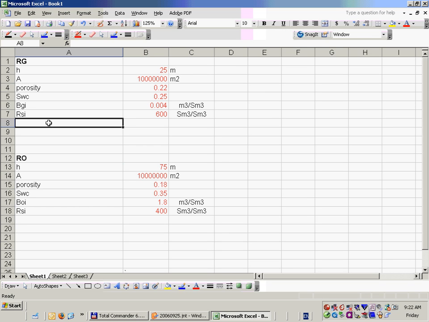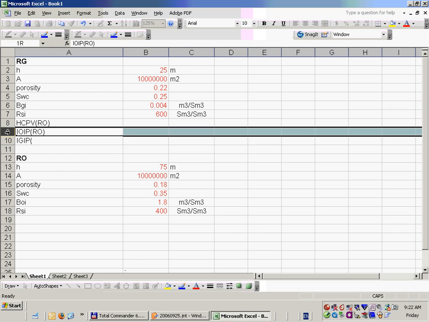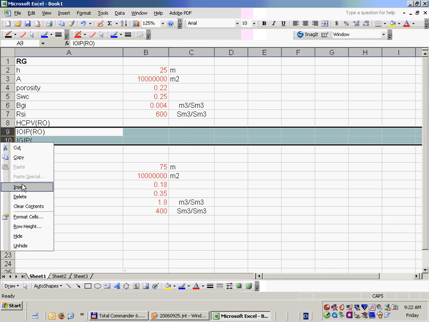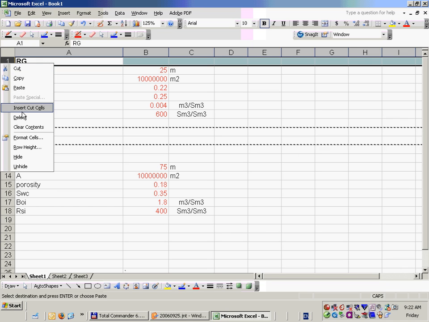Okay. All right. So let's calculate hydrocarbon pore volume for the reservoir oil, and then initial oil in place from the reservoir oil, and then we'll calculate initial gas in place. Let's see here. How do we want to do this? Let's move all of these, cut, insert.